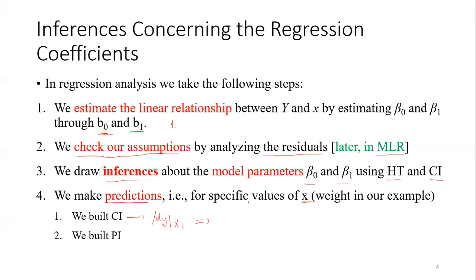For example, we will build confidence intervals for guys whose height is 68 centimeters. And we will also build prediction intervals on this, okay? Remember the difference between the confidence interval and the prediction interval. The confidence interval is for the mean, and the prediction interval is for a single observation, for a single guy. So we will make these predictions. Okay, so this is the fourth step that we will do in regression analysis.